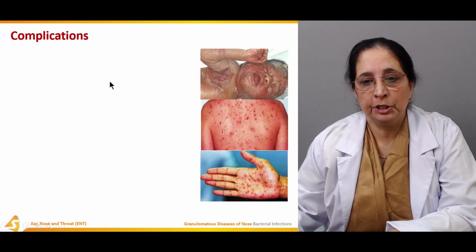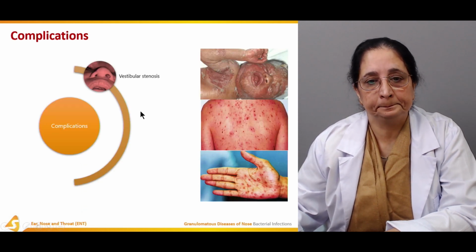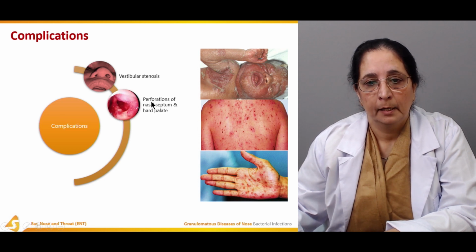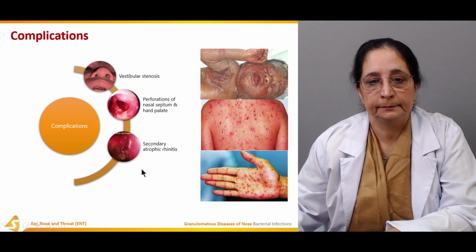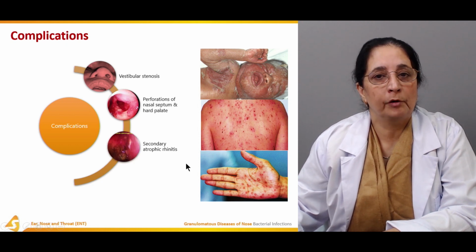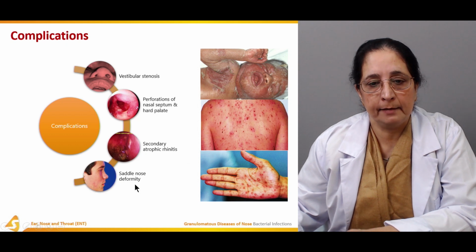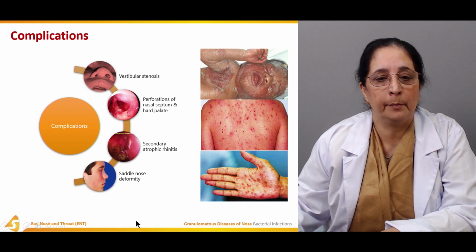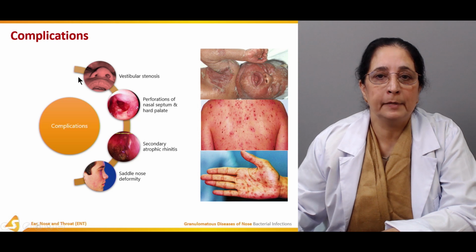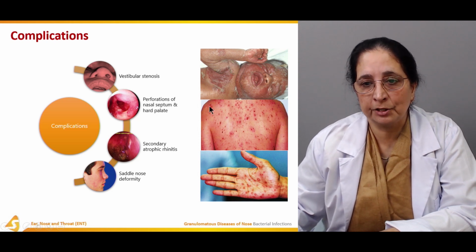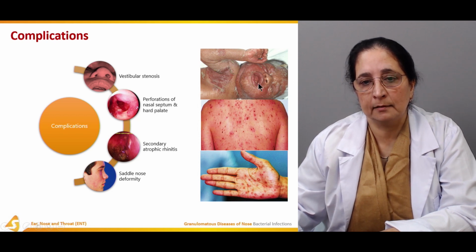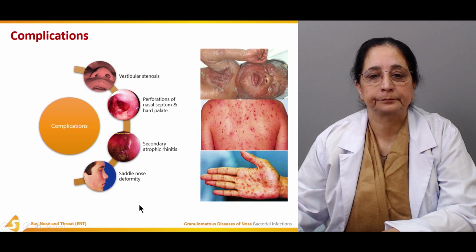The complications include vestibular stenosis, perforation of the septum and hard palate, secondary atrophic rhinitis, and then we have saddle nose deformity. These are all the complications of syphilis. You can see the bad rash of syphilis and all these skin lesions as a result of syphilis.